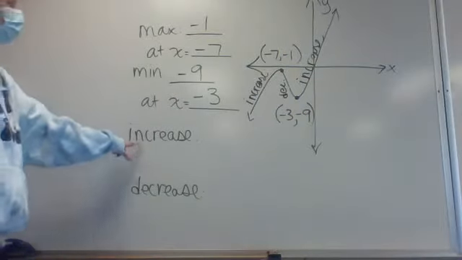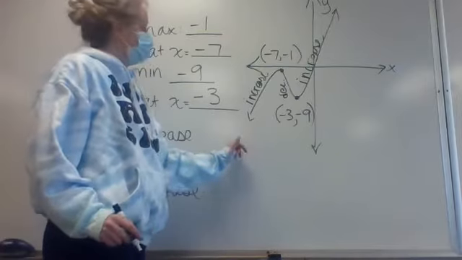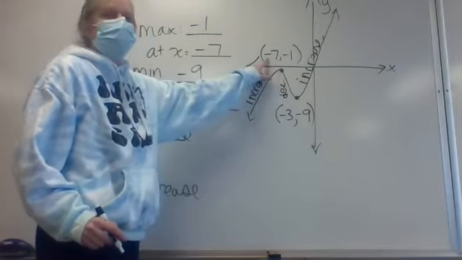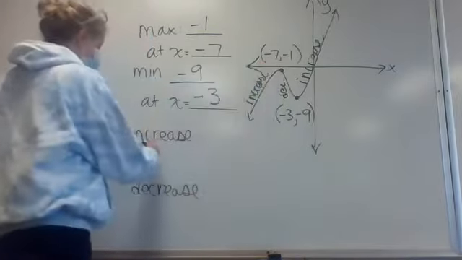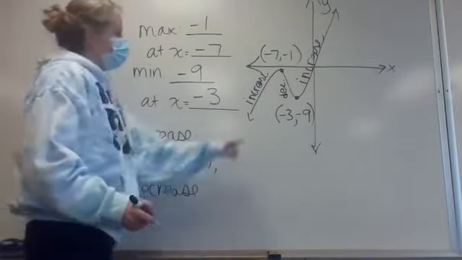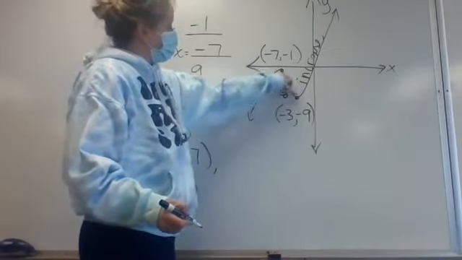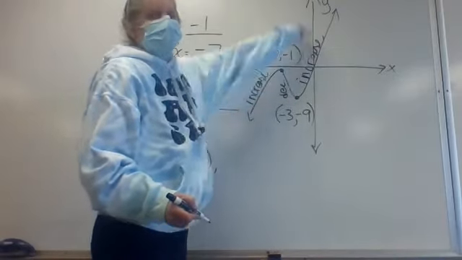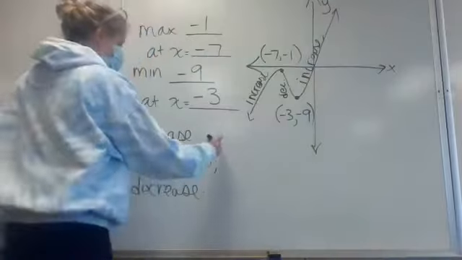So the increasing intervals start all the way to the left, which is -infinity, until it gets to -7. And it starts increasing again at -3 to +infinity.